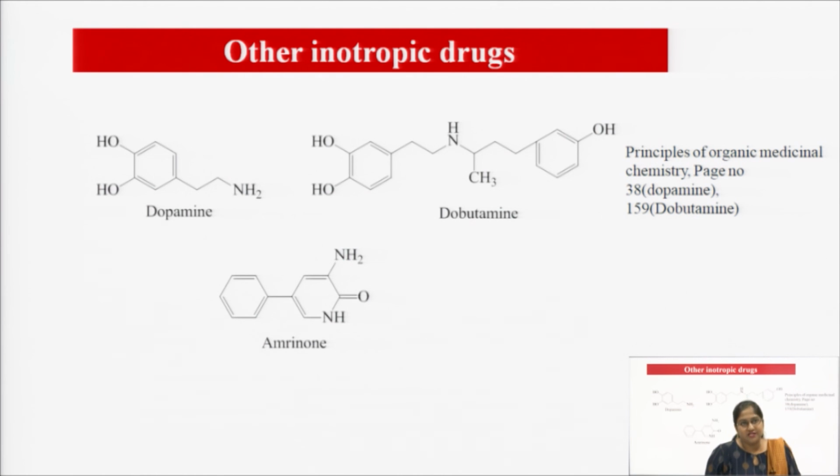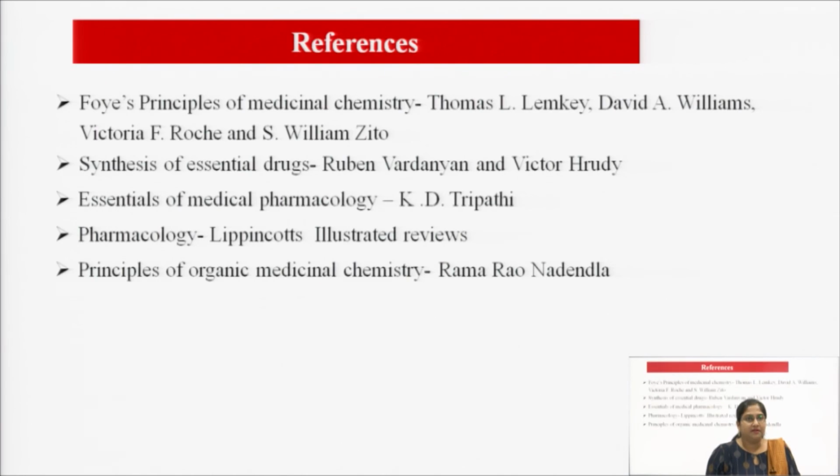These are the other agents like dopamine, dobutamine and amrinone. These are the references which we are using: FOI's for the chemistry of the drugs. The synthesis is taken from Synthesis of Essential Drugs by Ruben Vardanyan and Victor Hruby, and Essentials of Medicinal Chemistry.